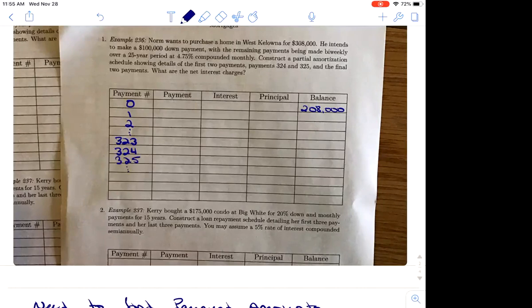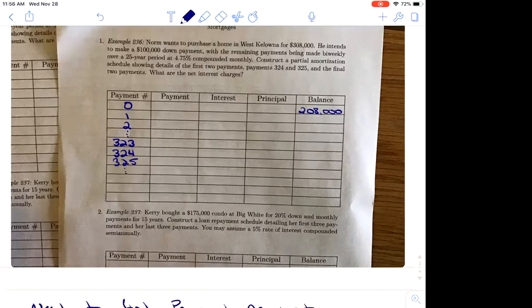And then I want to find the final two payments. We know there's 650 payments, right? We just found that. And so the last payment here is 650, or the payment number, right? Not the payment amount, the payment number. And so the last two payments would be the 649th payment and the 650th payment, right?